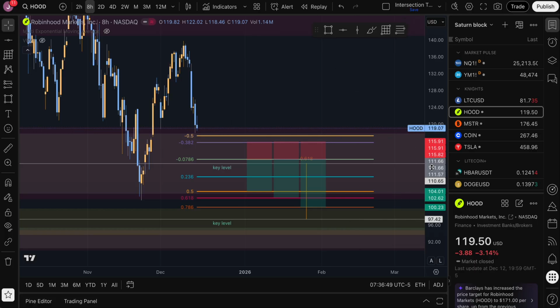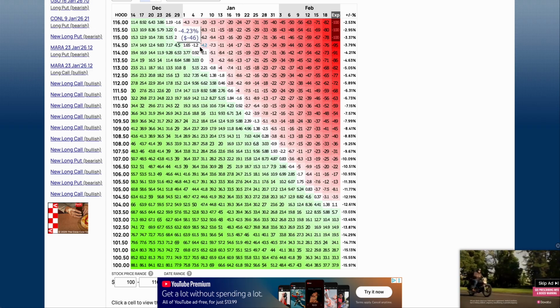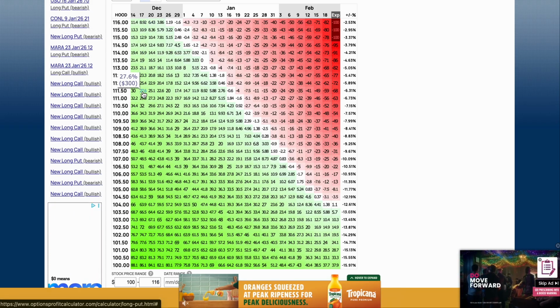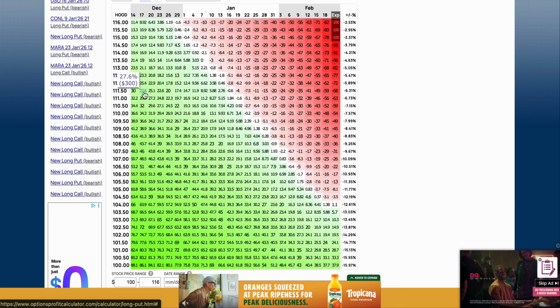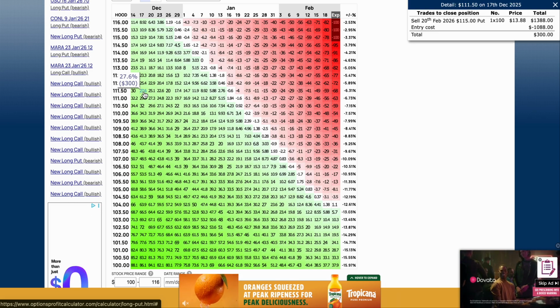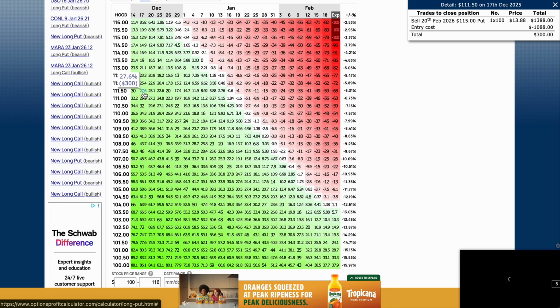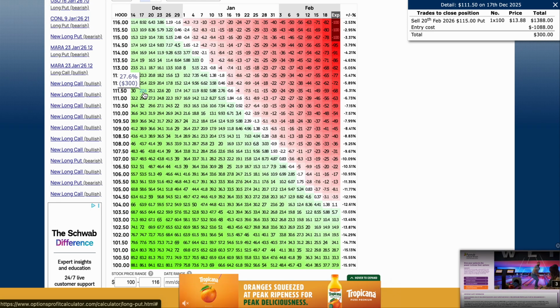So 111.50 is the ideal entry. So let's look at, I like to offset by 1 or 2 days. 111.50 would be 13.88. So yeah, it's not a good time to enter. It's just too far off.